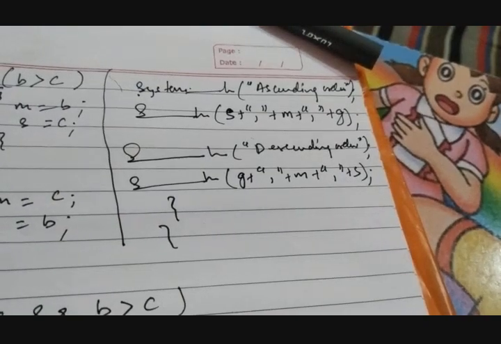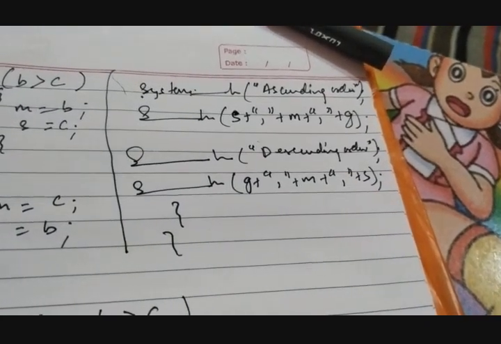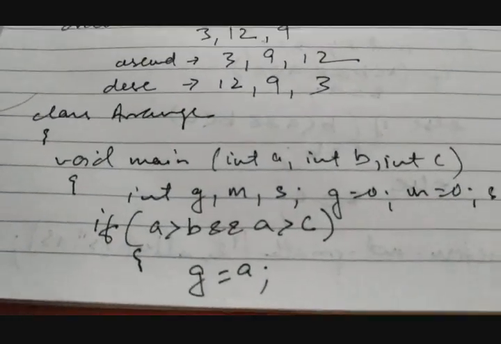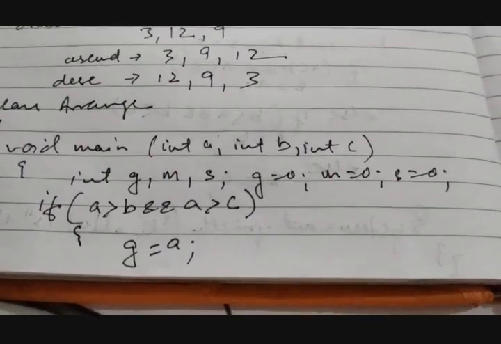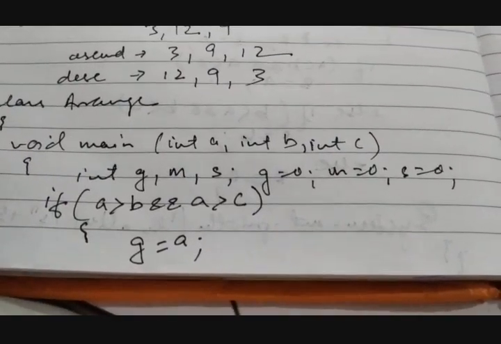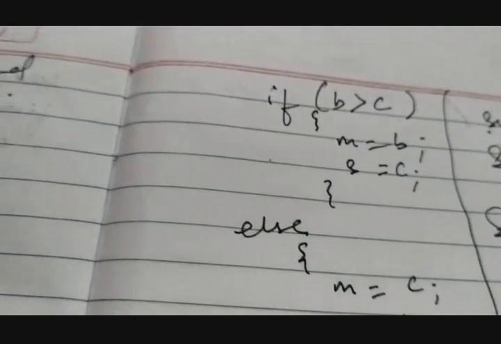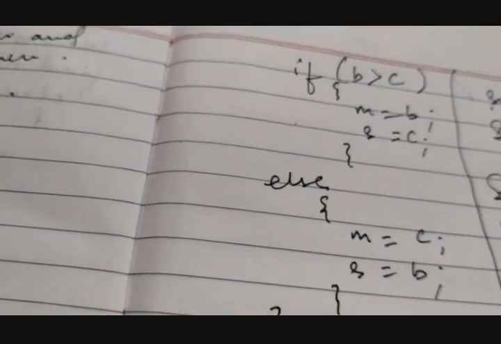So this is finding the greatest and arranging them into ascending and descending order. So first you need greatest, middle, smallest, greatest 0, middle 0. Check for the greatest. Then check for the middle and the smallest.